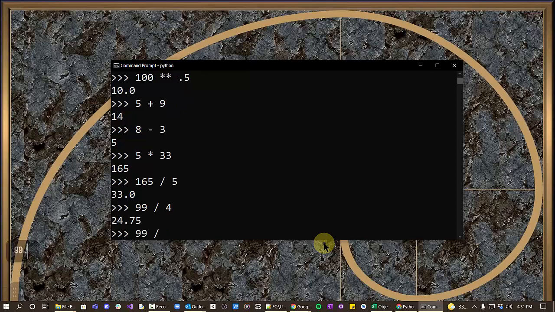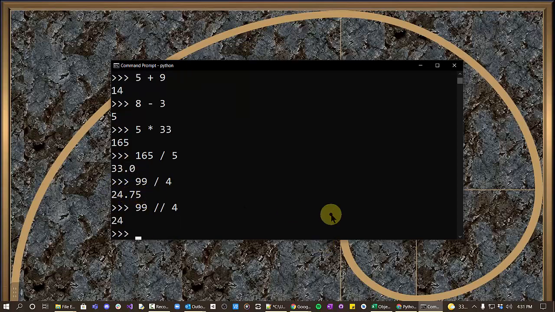We also have integer division, which doesn't include the decimal part. And then we have the modulus operator, which gives us the remainder.